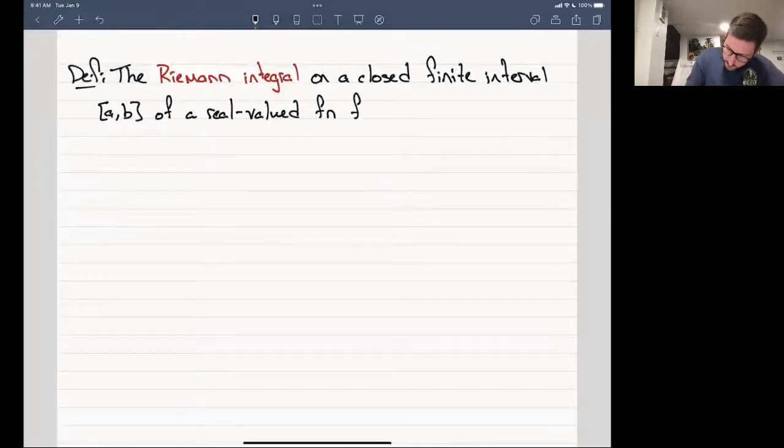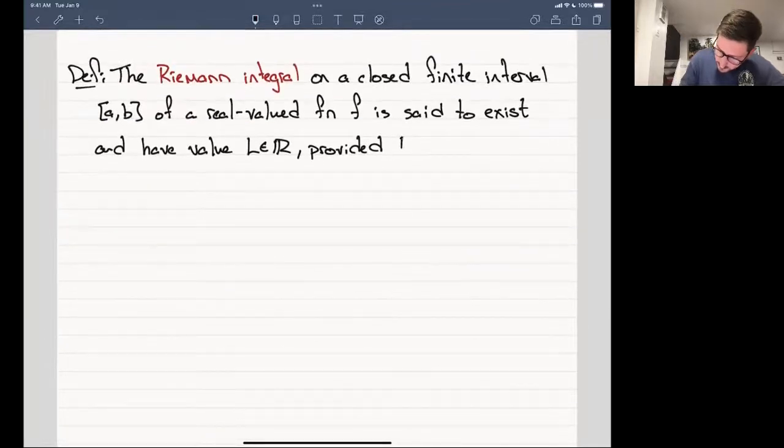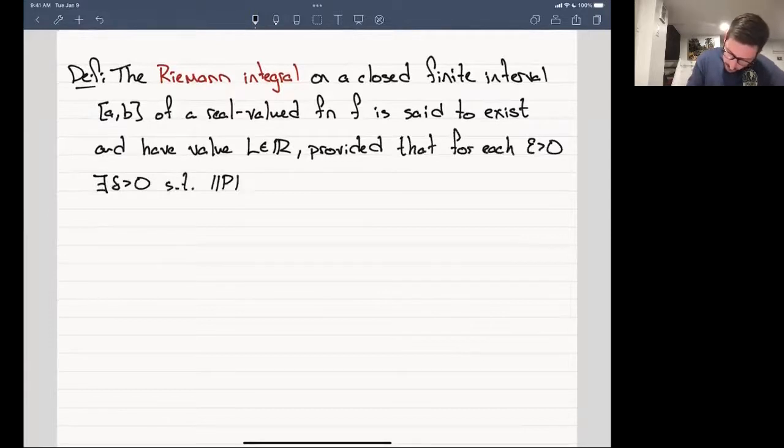of a real valued function, let's say f. This is said to exist and have value L, in R, provided that for each epsilon greater than 0, so here it is, here's our real analysis portion of this, there exists a delta greater than 0, such that if we take a mesh of our partition smaller than delta, so this means the maximal subinterval, its length is smaller than our delta value.